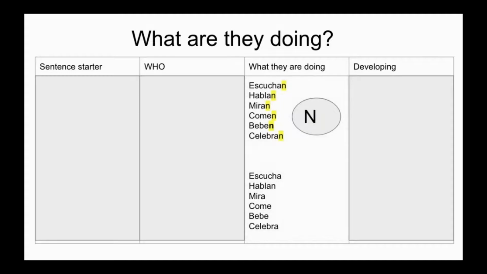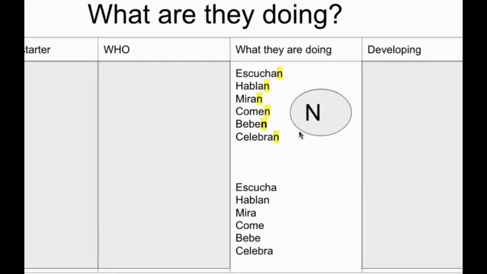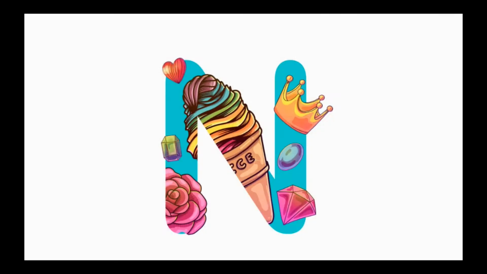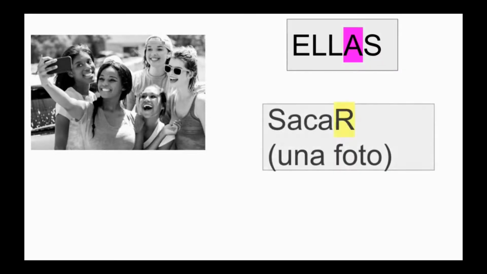Now, in here, as you can see, we have basically 2 bits: the top and the bottom. When you talk about a group of people, you have to change the R of the verb into an N. So in here, as you can see, it's a group of girls. We're going to use ellas, and they're taking a photo.